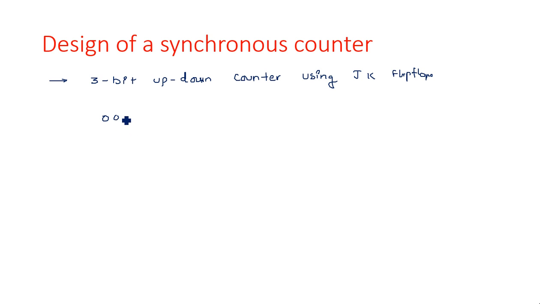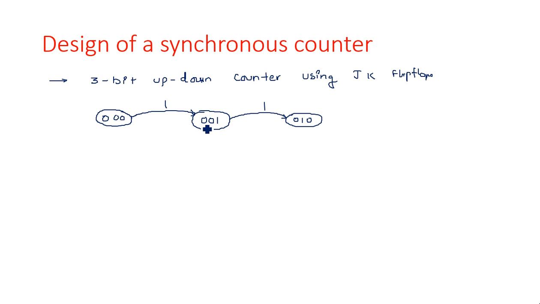So the 3 bits are 000. This is the present state. Up count will happen if we consider one more pin along with these three. We have to consider one more pin, that is the mode. When the mode pin is 1, the count will be incremented like 001, and mode is again 1, the count will be incremented as 010.